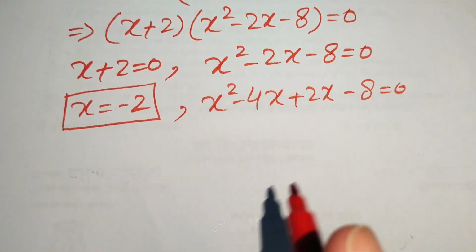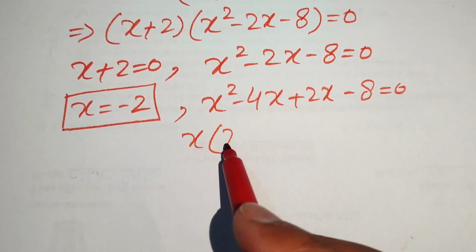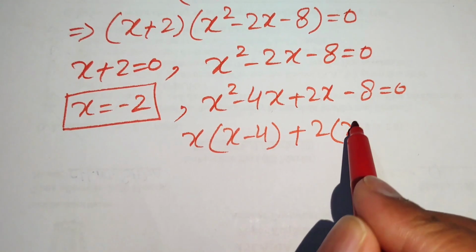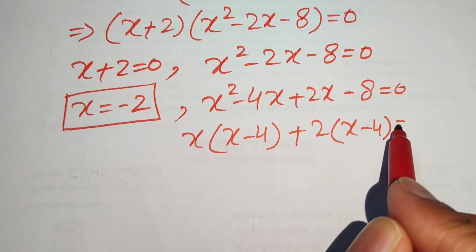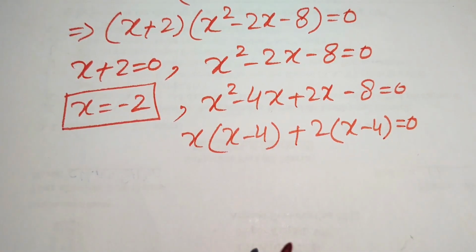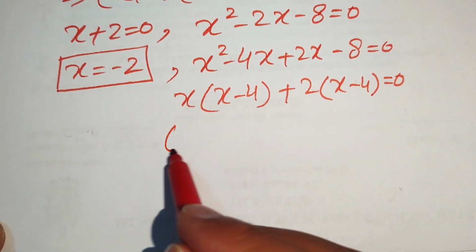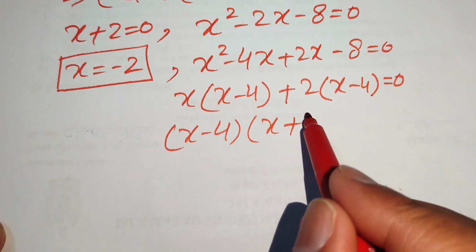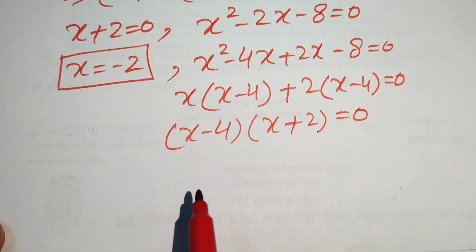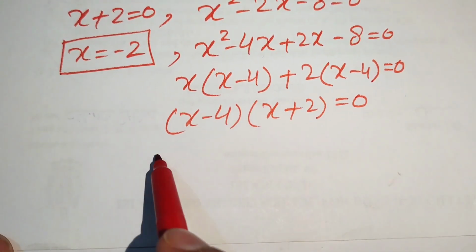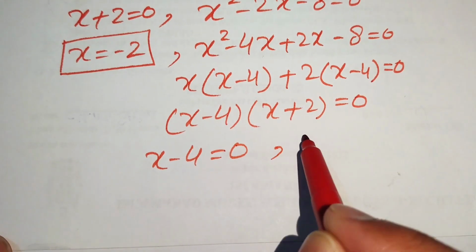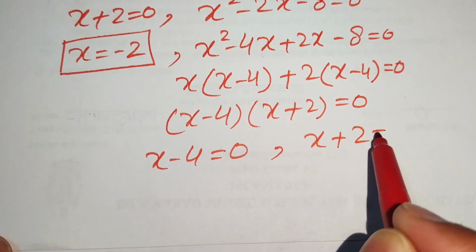Now we take common x from the first two terms, and we get x minus 4, and we take common plus 2 from these two terms, and we get x minus 4 equals 0. In the next step we take common x minus 4, and you get x plus 2 equals 0. Again we divide this into two cases, and we get x minus 4 equals 0 and x plus 2 equals 0.